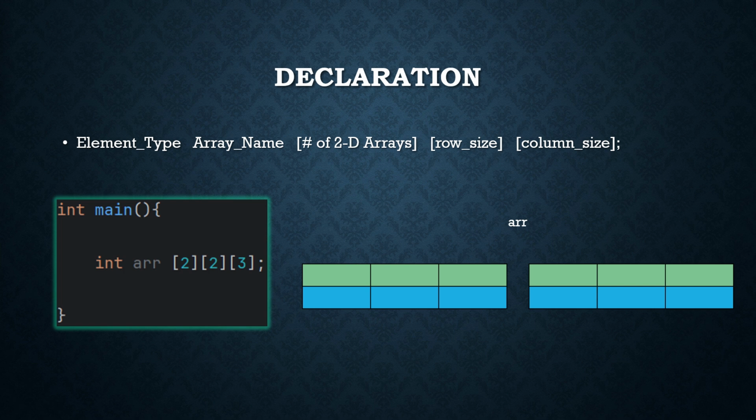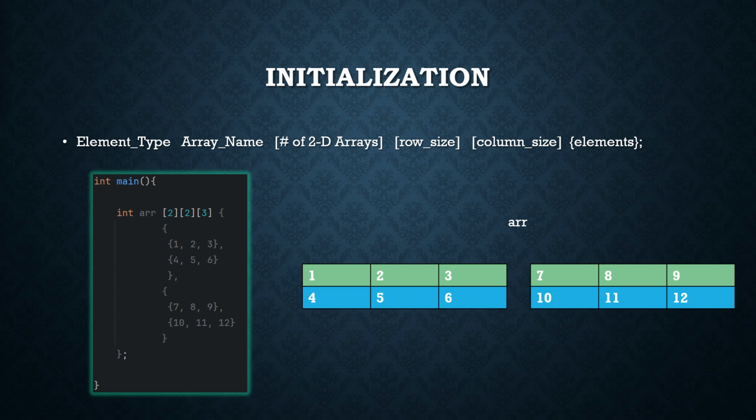For example, we have an array of integers named ARR that consists of 2 two-dimensional arrays, each having 2 rows and 3 columns. To initialize a three-dimensional array, we declare the array and then use nested curly braces to group each two-dimensional array. Inside those, we again use nested curly braces to group the elements in each row. Let's look at an example to understand this better.